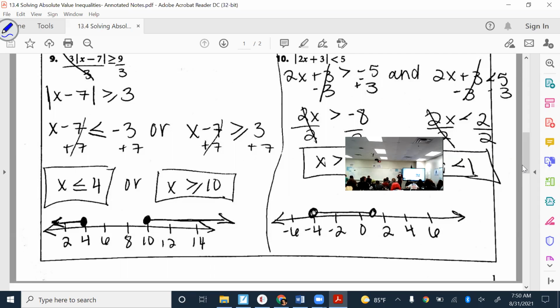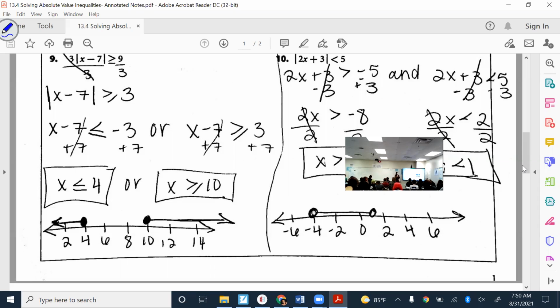Why is it closed circles this time? It has that equal to part in there. Anytime you have the equal in there, it should be closed circles. Just like with the equations, it has equals, so it's closed. And they're or statements, so they should be going in the opposite direction. Good there?